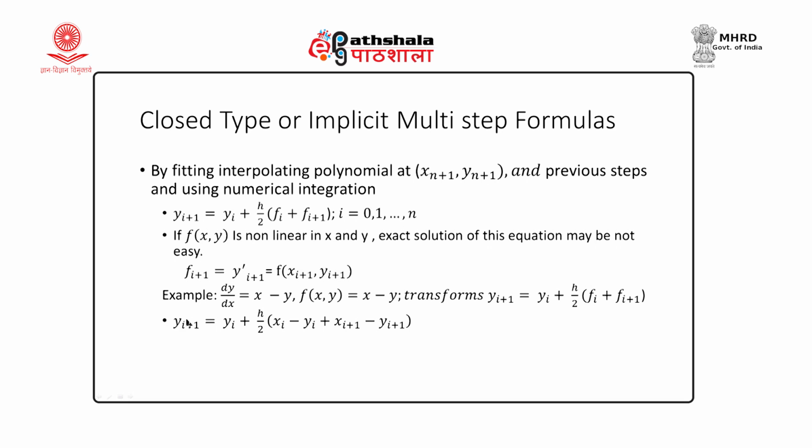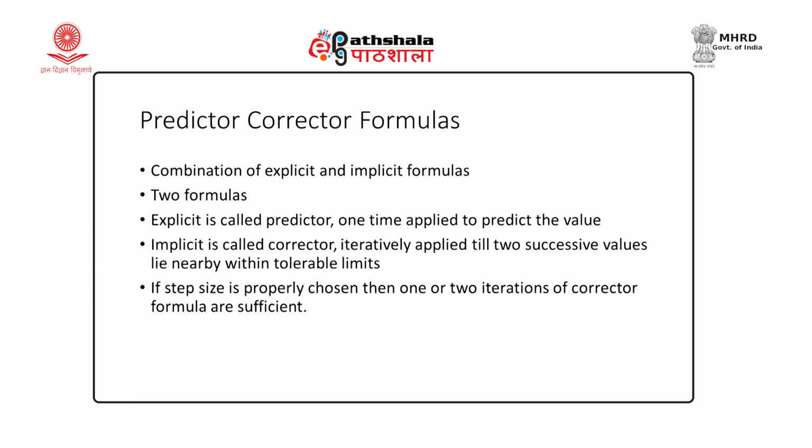The difficulty in these implicit formulas is that here it was easy because x minus y is linear, but where f of x, y is not a simple function, fi plus 1 need not be linear, and the equation formed will be non-linear, to be solved to get the coefficient of yi plus 1, and that makes the process laborious.